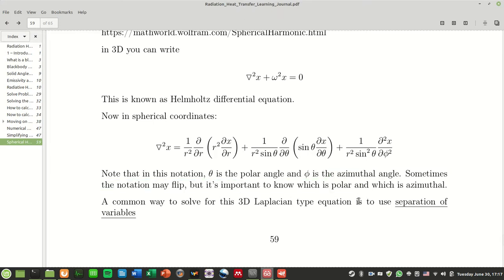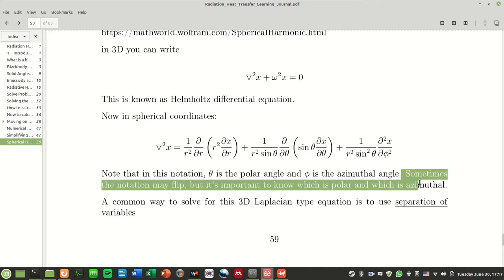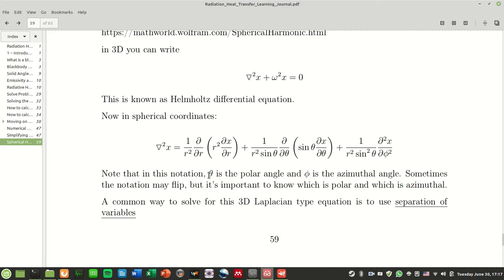Sometimes people like to use phi as the polar angle and theta as the azimuthal angle. That depends on which textbooks you're reading, whether a math textbook or a physics textbook. But whichever the notation is, what is important for us to know is which angle represents the polar angle, going from north to south pole, and which is the azimuthal angle, going from east to west.